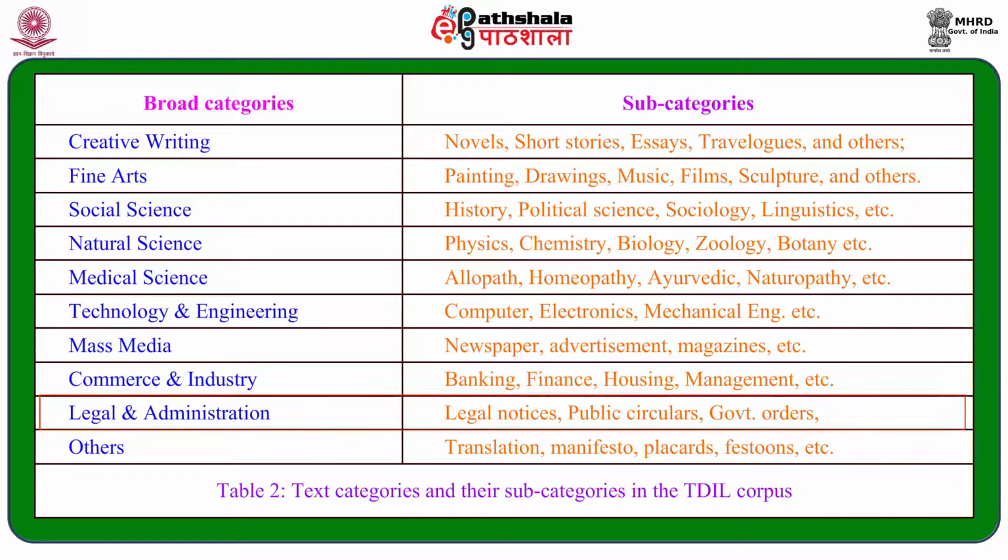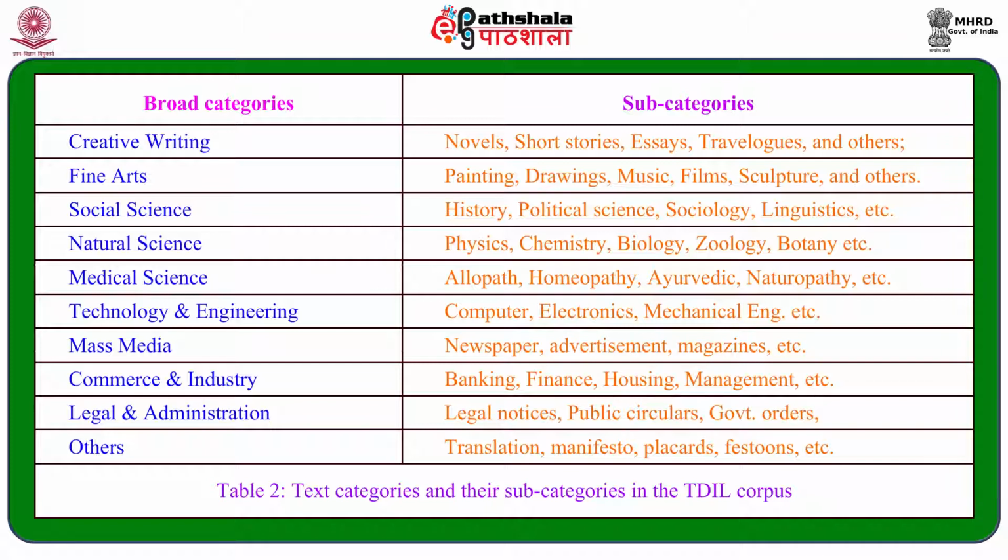Then fine arts texts. Fine arts text means mostly songs and music, dance and other related things. Then social sciences text: social sciences, political science, philosophy, psychology, education and various other subdomains.